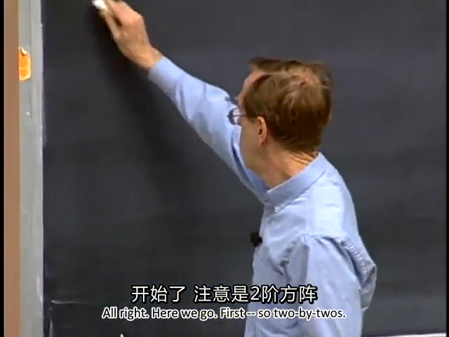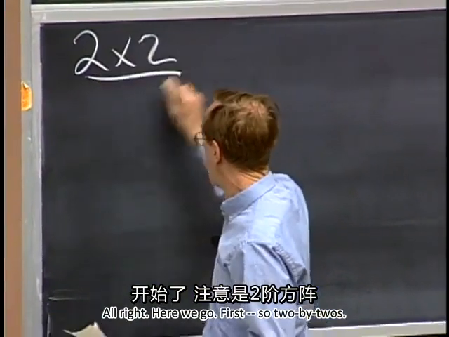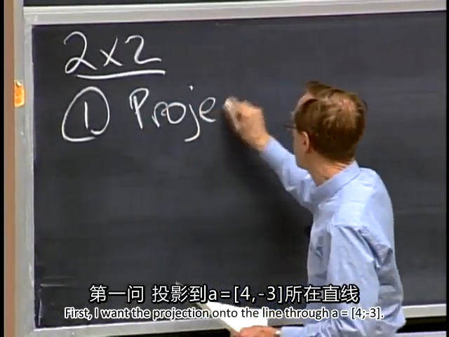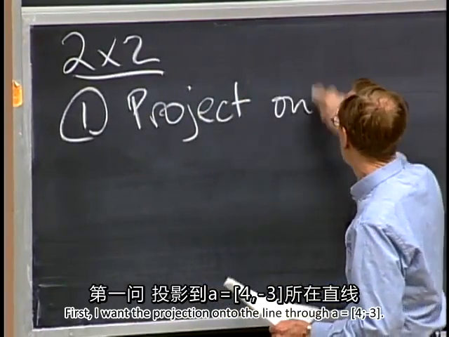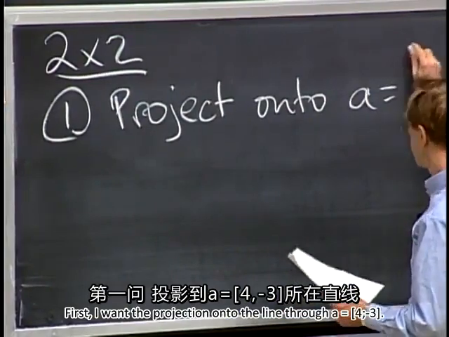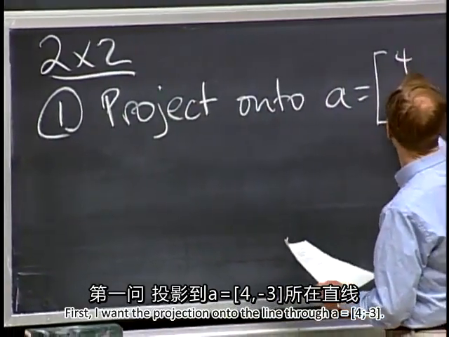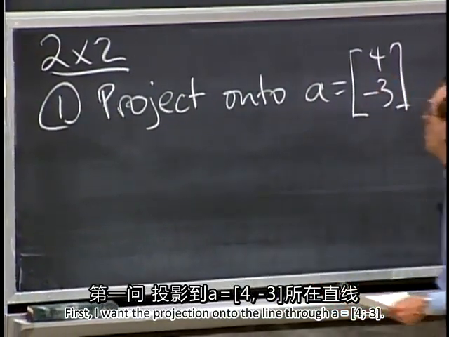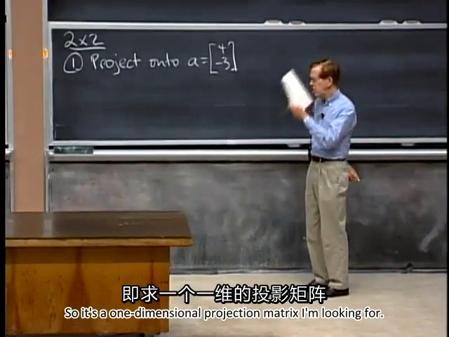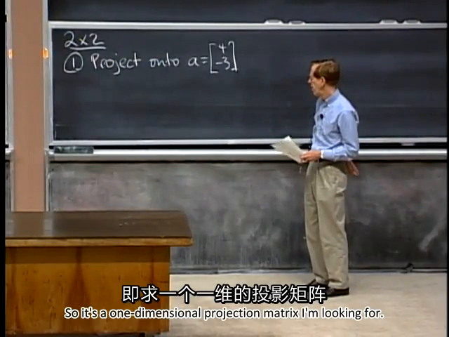First, I want the projection onto the line through a equals 4, minus 3. So it's a one-dimensional projection matrix I'm looking for.